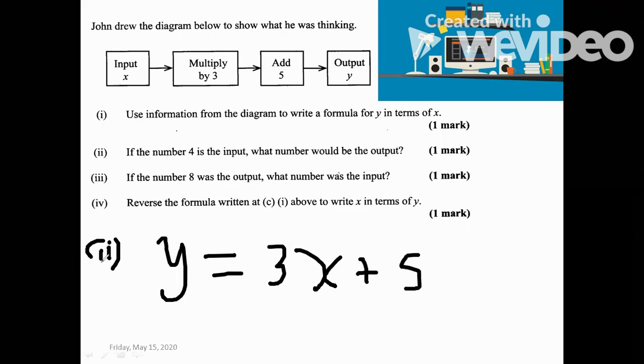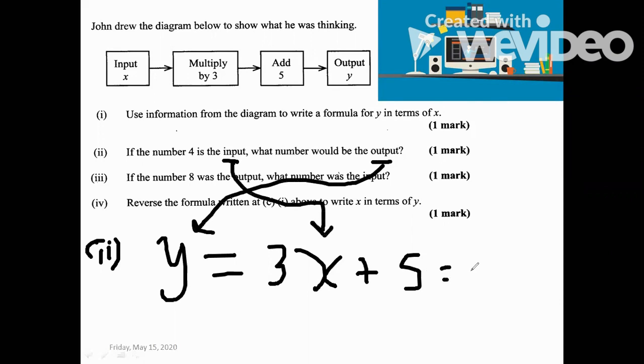Part 2: if the number 4 is the input, meaning x is 4, what would the output be? So the output would be y, and the input would be 4. So 3 times 4 is 12. 12 plus 5 will give us 17. That's the answer for the first part.